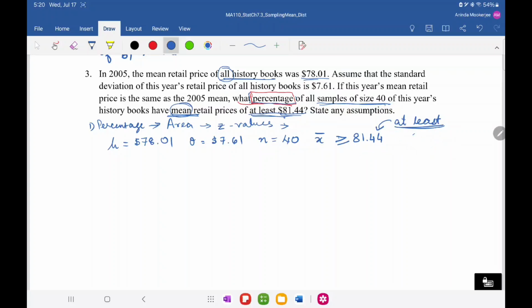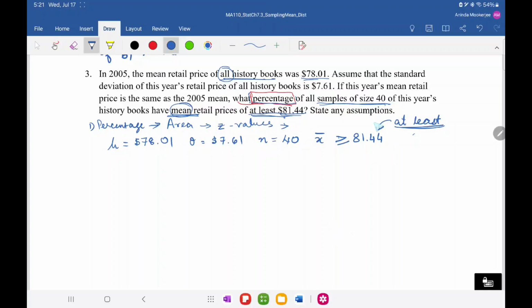So we start from 81.44 and it can go up, but it cannot go below 81.44. So that means X bar, we are trying to find what percentage is at least or has mean retail price at least 81.44. That means 81.44 or higher, right?